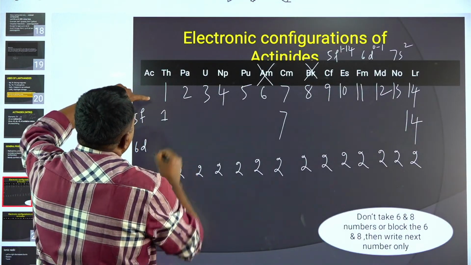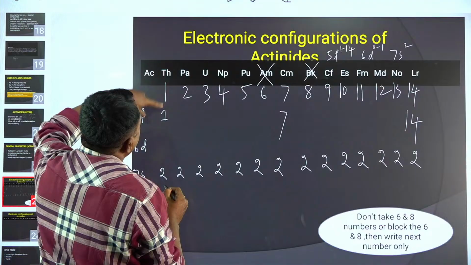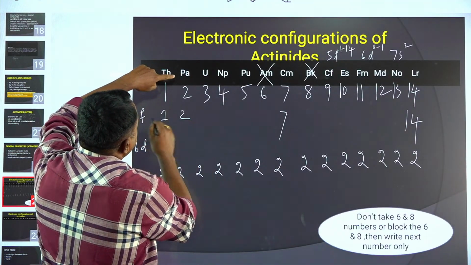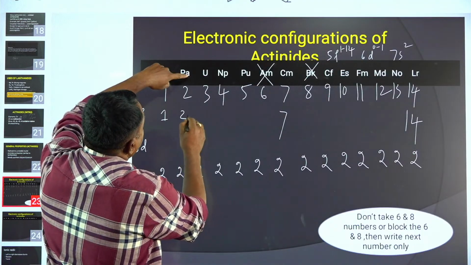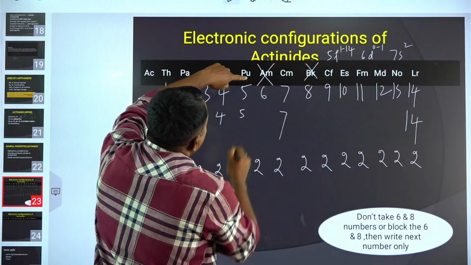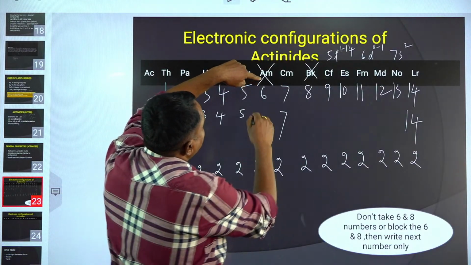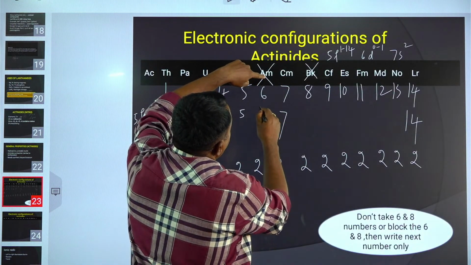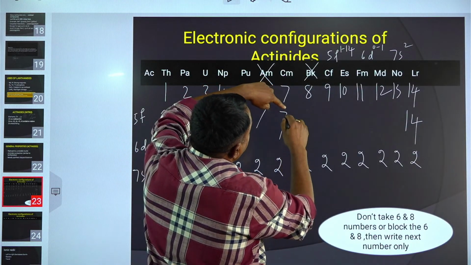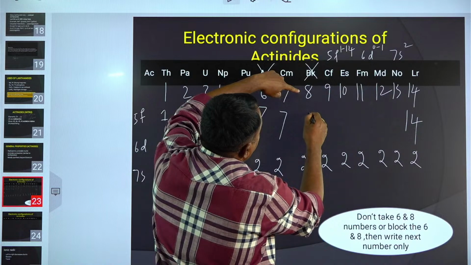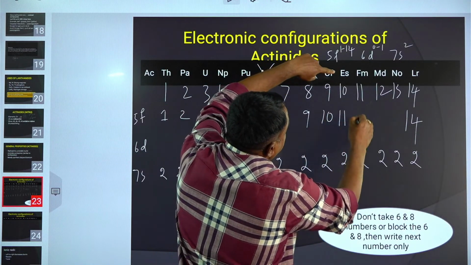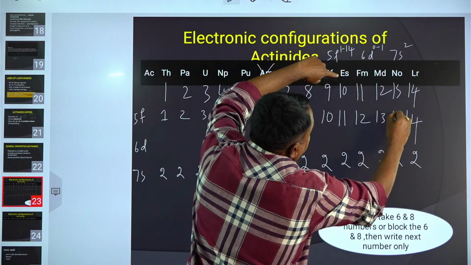In 5f, thorium has 2, uranium is 3, then 4, then 5, but the next one is skipped. So 6 is skipped, and the next number is 7. Again we have 7, but after 7 the next is skipped, so you write 9, then 10, 11, 12, 13, and again 14.